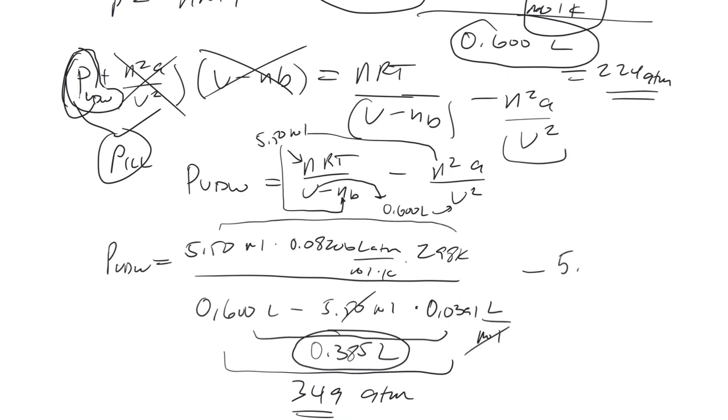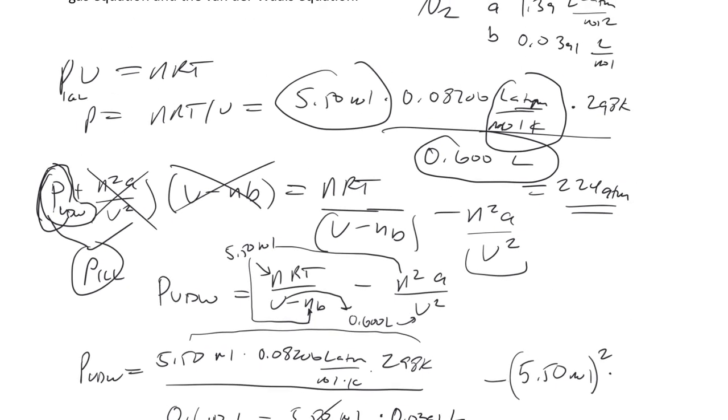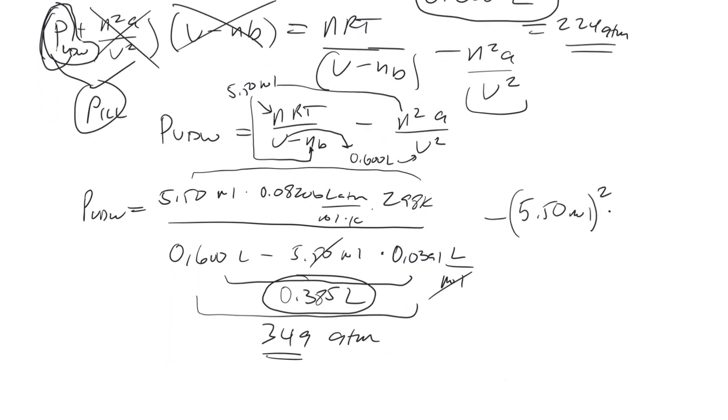So we go back to 5.50 moles squared times the a constant, so 1.39. And the units there are liters squared ATM per mole squared. And we divide this all by the volume, but we go back to the container, not free space.